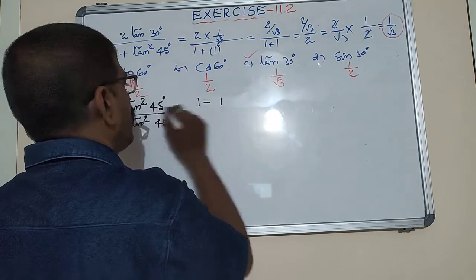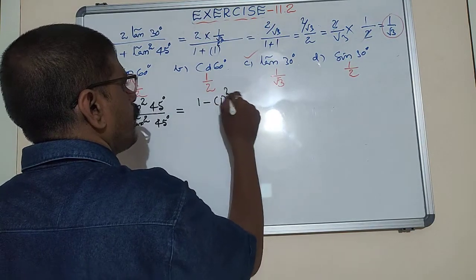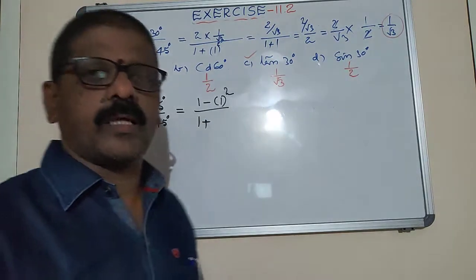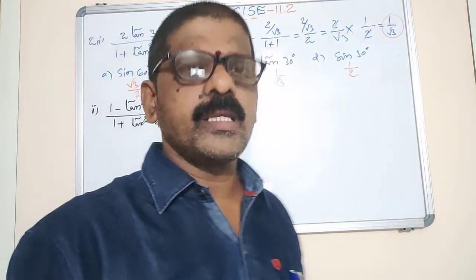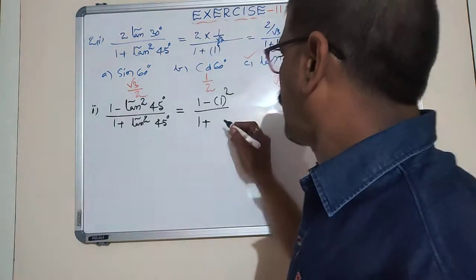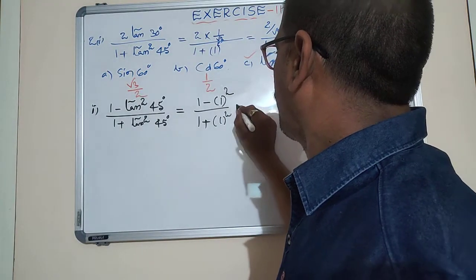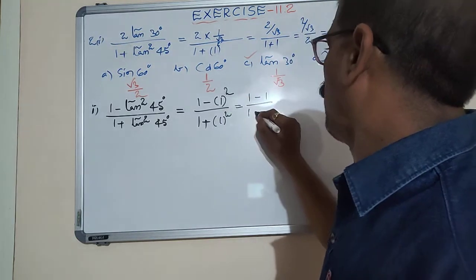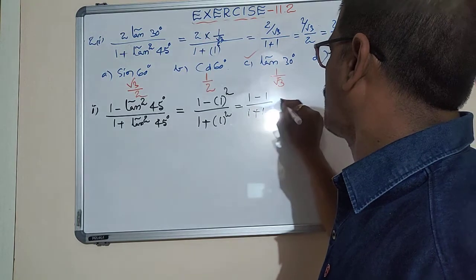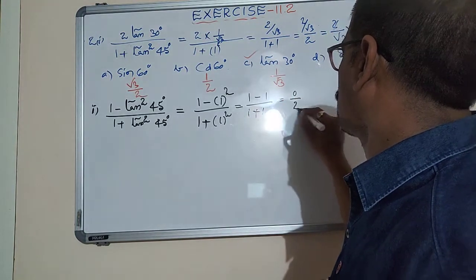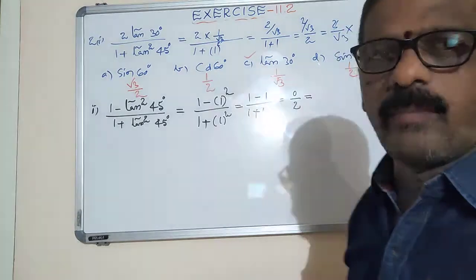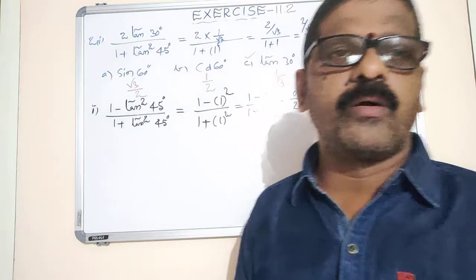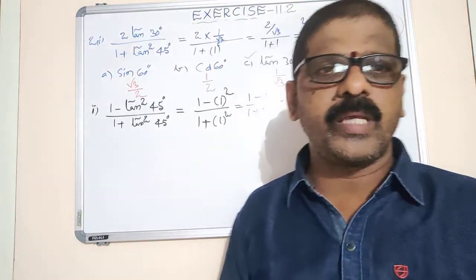Clear? 1 square whole by 1 plus 1 square. That is equal to 1 minus 1 is 0 by 2. So 0 by 2 it will be how much? 0.